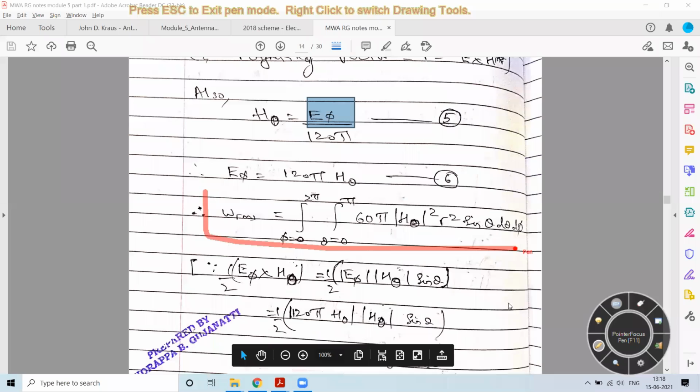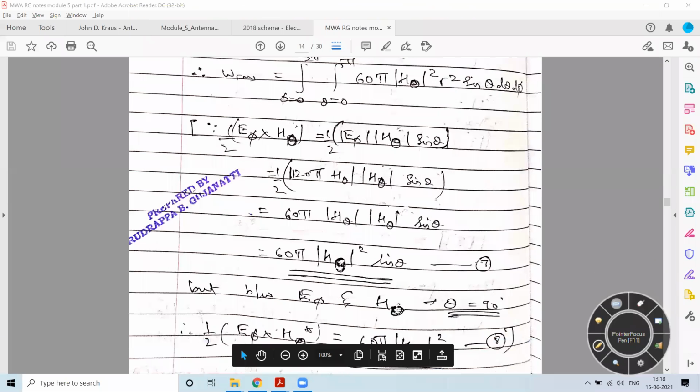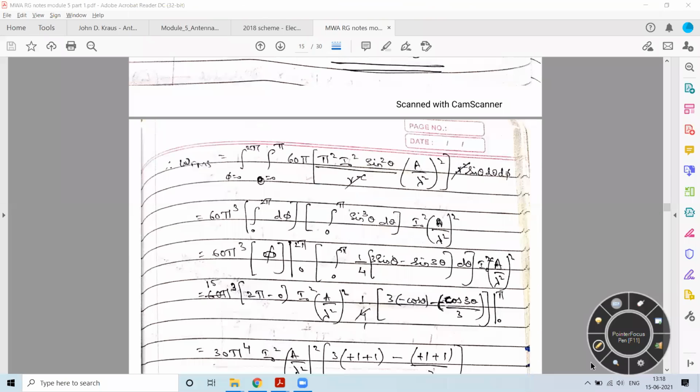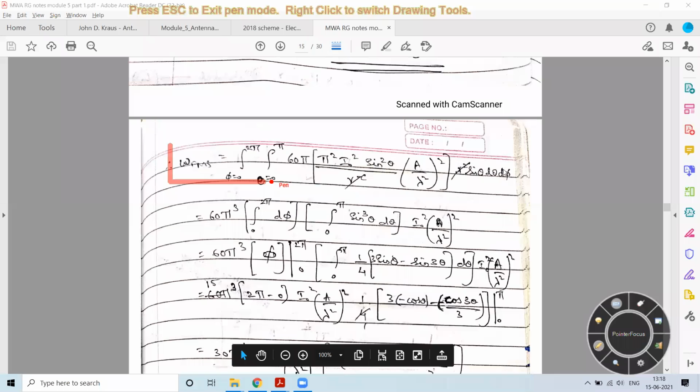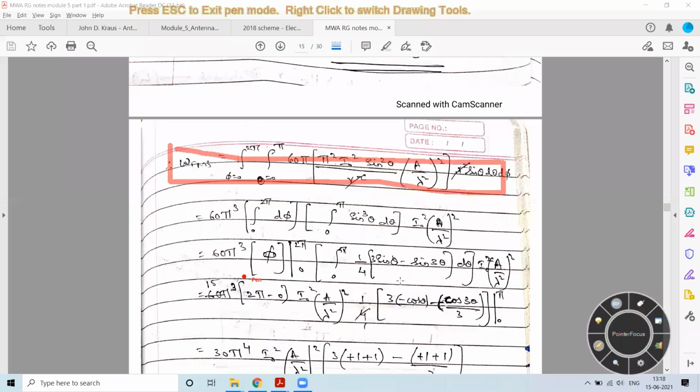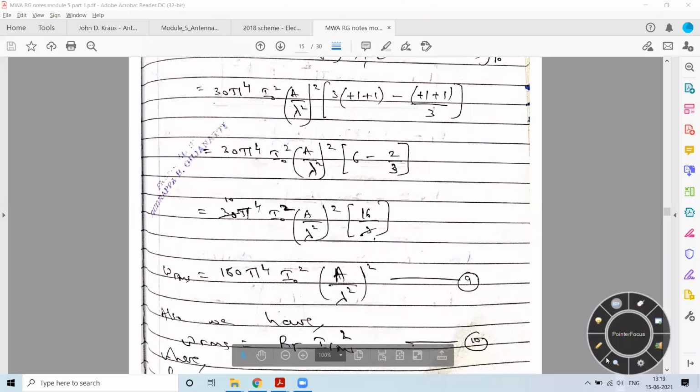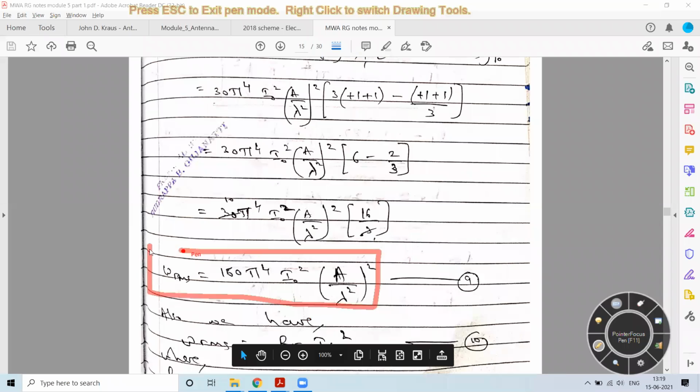We simplify this entire equation. When I substitute and simplify the integration, we obtain the total power as 160 into pi raised to 4 I naught square into A by lambda square, the whole square.